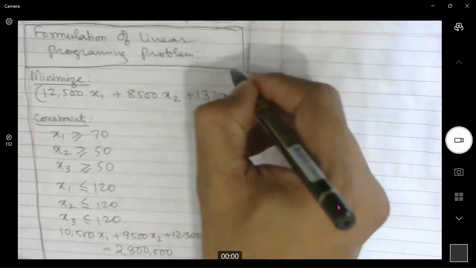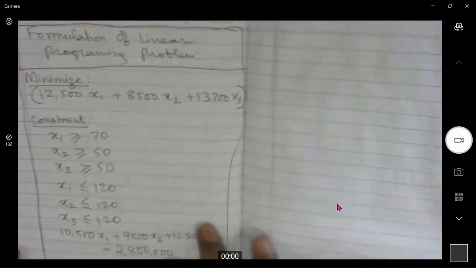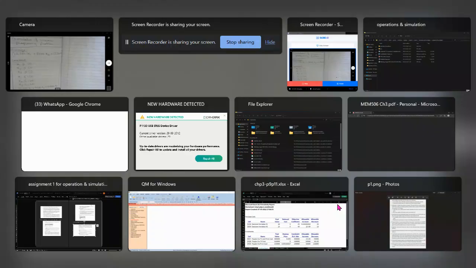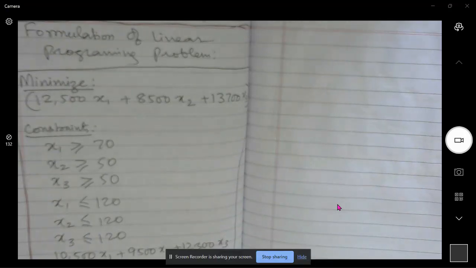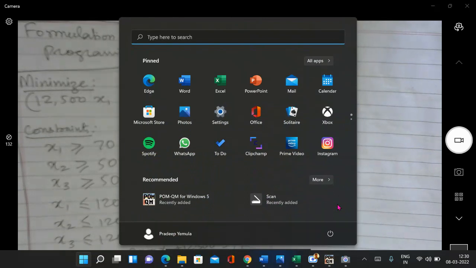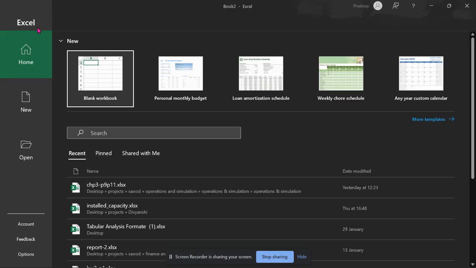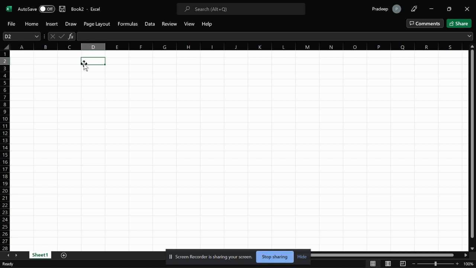Okay. So now let us solve this linear programming problem using Excel. Yeah, so let me shift to Excel. I am opening Microsoft Excel. So I go for a new file. This is a completely new file.